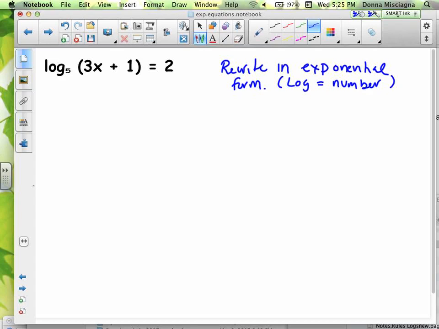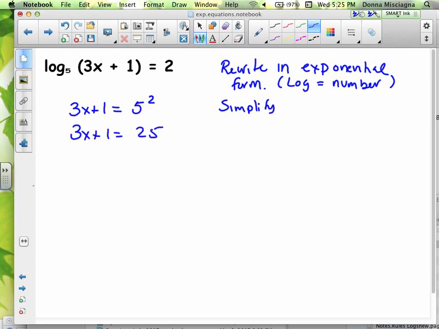We're going to just rewrite it in exponential form. I like to have the 3x part on the left-hand side because that's got my variable. So 3x plus 1 is equal to the base raised to the power. We have 3x plus 1 equals 5 squared. We'll simplify that. 3x plus 1 is equal to 25.